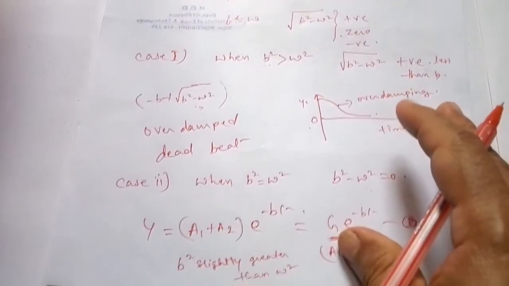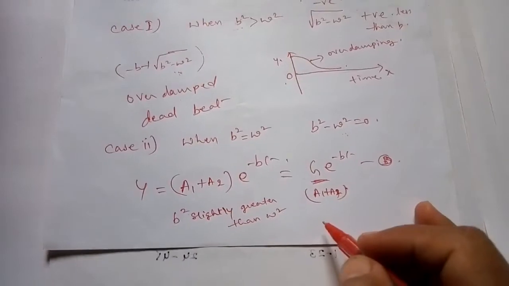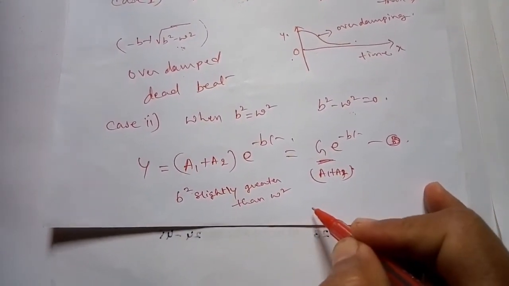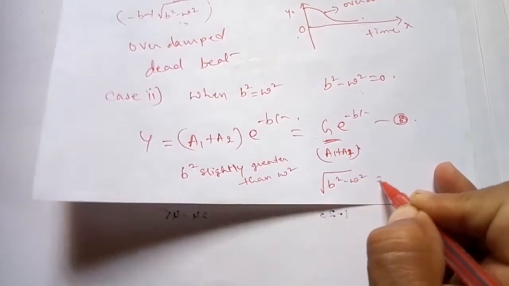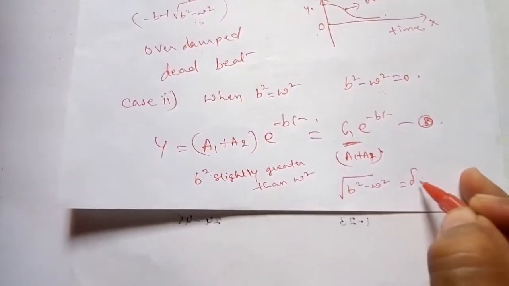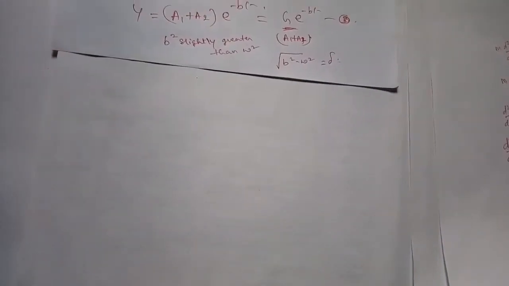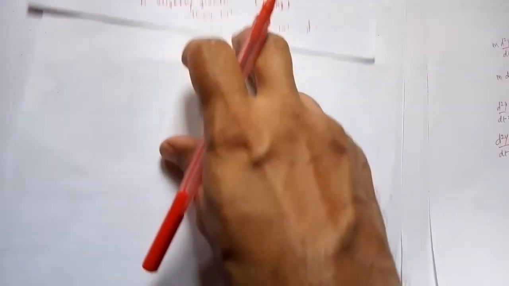Then what exactly happens? If it is greater, let us assume b square minus omega square is equal to delta, a small quantity.